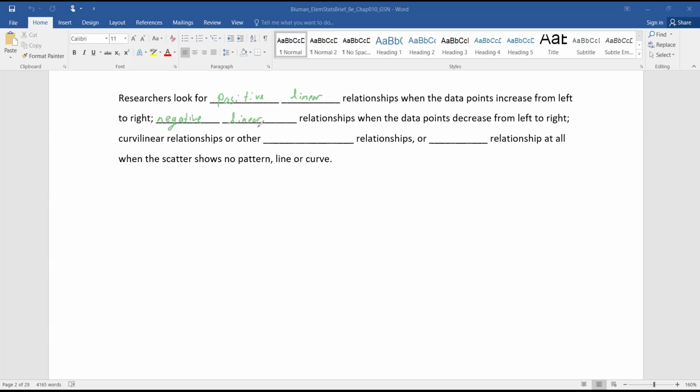Curvilinear relationships or other non-linear relationships, or no relationship at all, when the scatter shows no pattern, line, or curve.